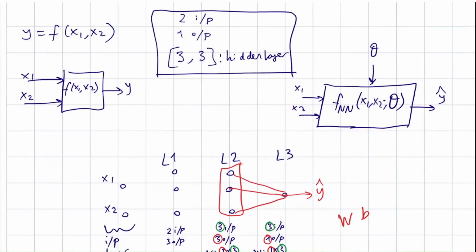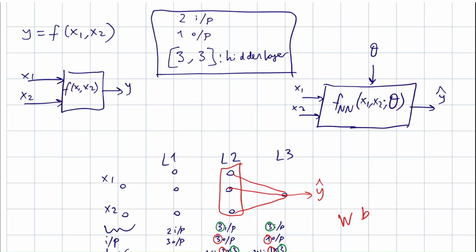Whenever you have the number of inputs and number of outputs, the dimensions of those are available to you, and you also design or choose some type of hidden layer structure, 3 3, maybe 3 5, for example. You may want 3 neurons here and 5 neurons in that layer.